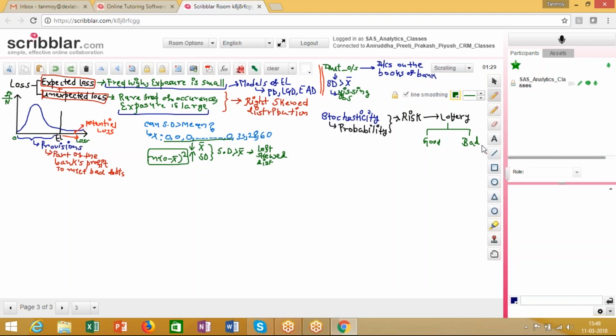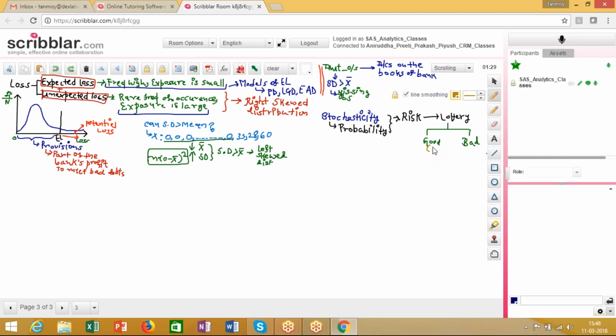So over here, there are chances associated with good and bad. The fact that the borrower who has taken the loan may turn out to be good would have a certain chance, and the borrower who has taken the loan turning out to be bad would also have a certain chance, right?